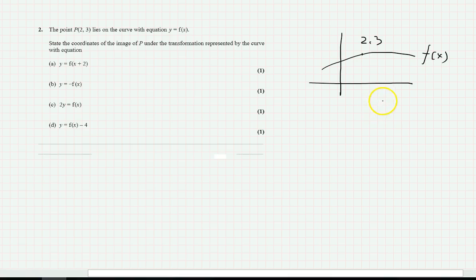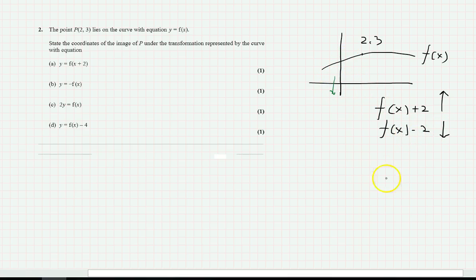We know that if it is f(x) plus 2, the curve moves 2 points up. If it is f(x) minus 2, this is y, so it's exactly y minus 2. So the curve will go down.